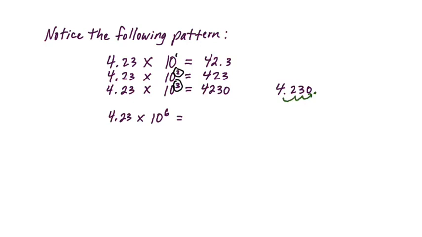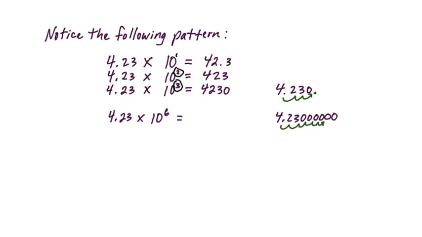So now you should be able to find 4.23 times 10 to the 6th power. So we're going to write 4.23. We're going to need to put some zeros in. Put a bunch in, and just enough so that when we move 6 places to the right, we're going to be okay. So I'm going to go ahead and move 6 to the right.